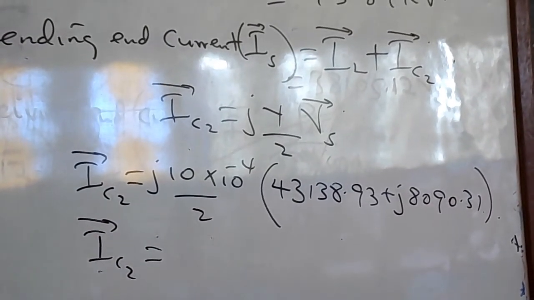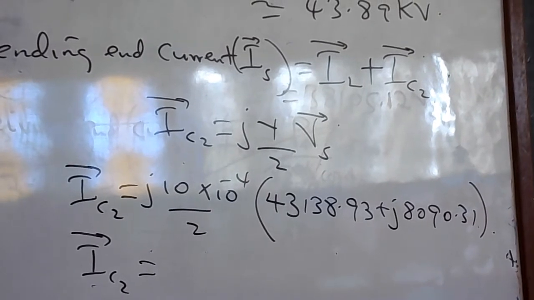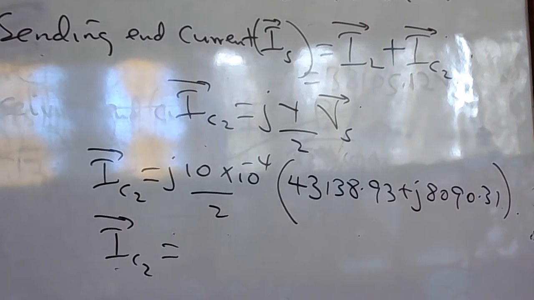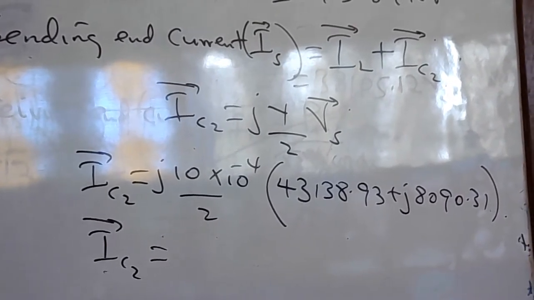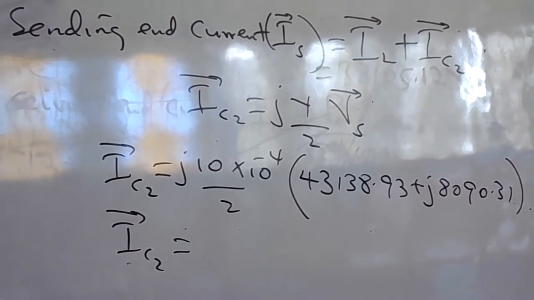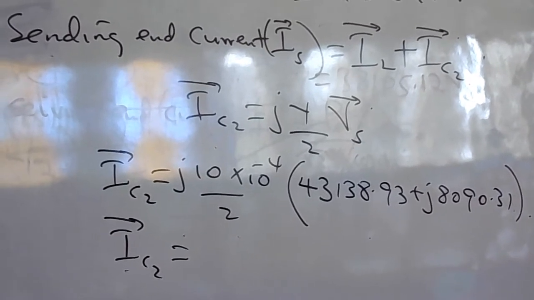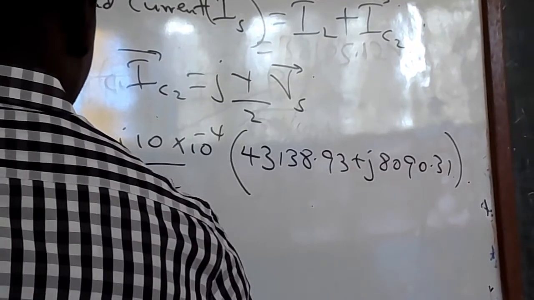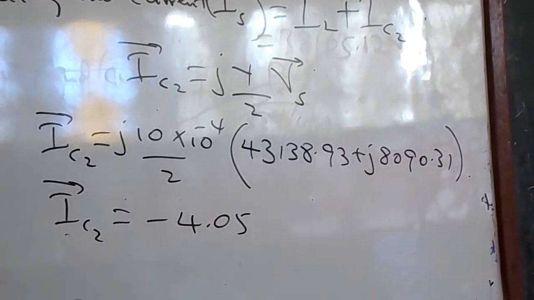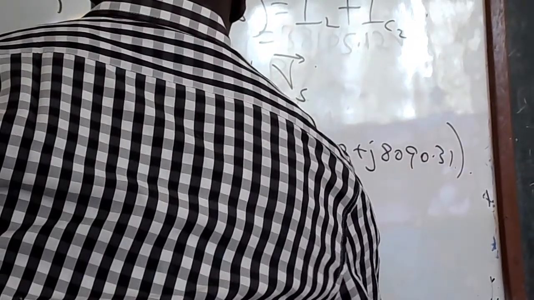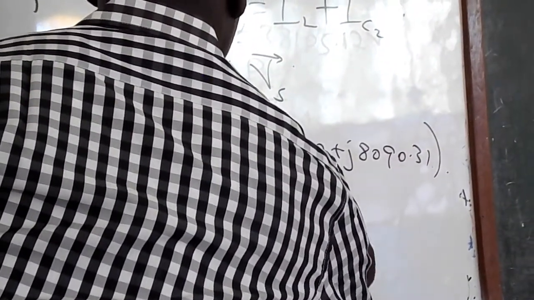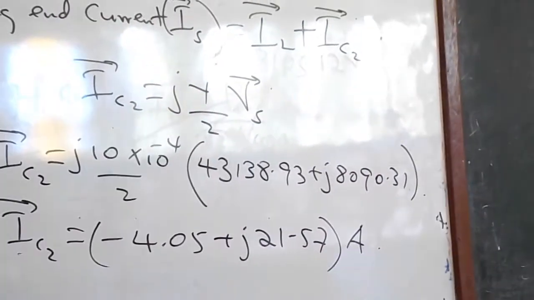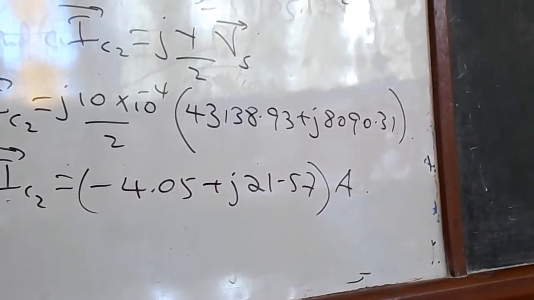When you work it out, we get the current across the capacitance on the sending end, and that gives us negative 4.05 plus j21.57 amperes.